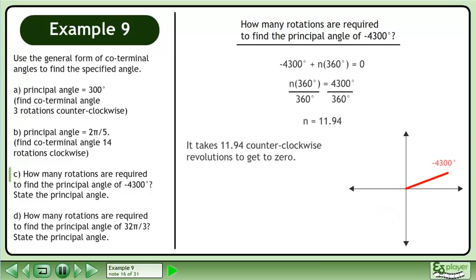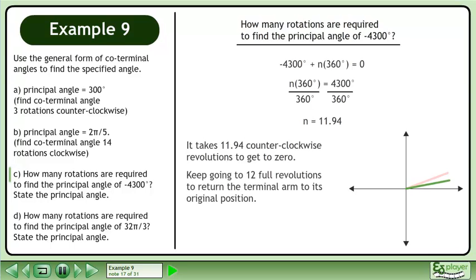It takes 11.94 counterclockwise revolutions to get to 0. Keep going to 12 full revolutions to return the terminal arm to its original position. The principal angle is negative 4300 degrees plus 12 times 360 degrees, which is equal to 20 degrees.